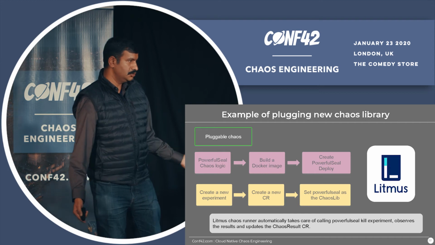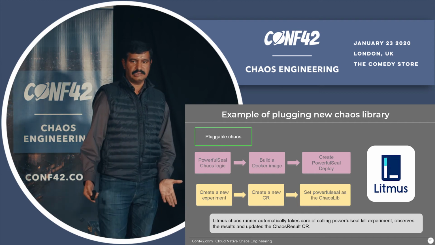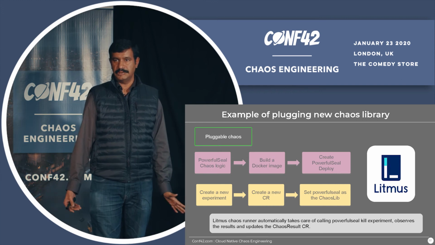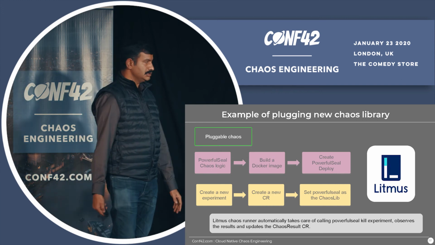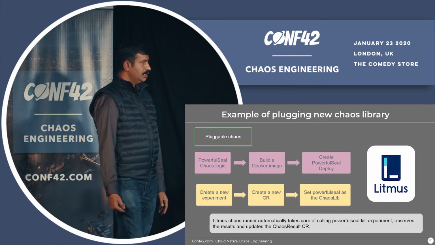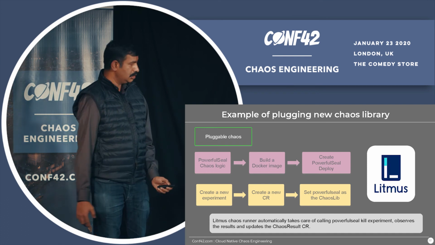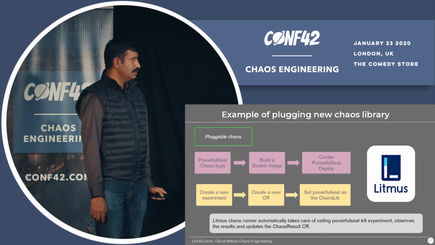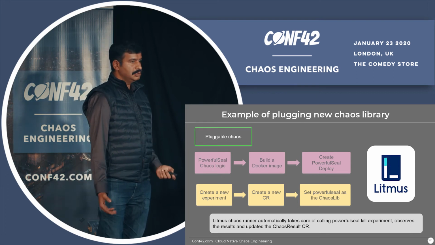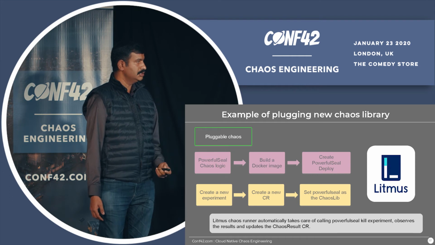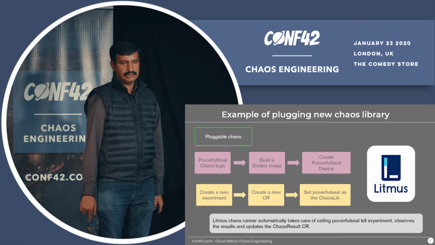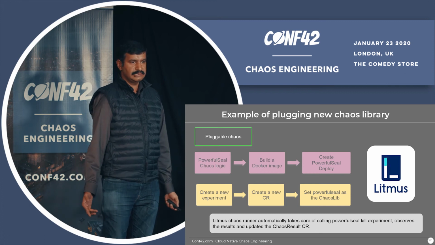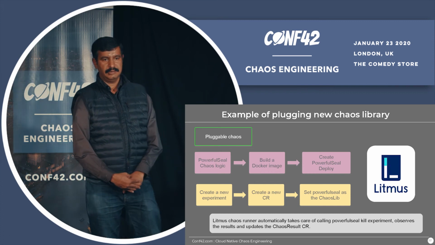If you just do a Docker run of that image, and it goes and kills something or introduces chaos, then it can be used with this infrastructure. Once you have the Docker image, you just create a new CR, a new experiment. A new experiment really points to a new custom resource, and inside that custom resource definition, you just say here is your chaos library. So it's as simple as that.